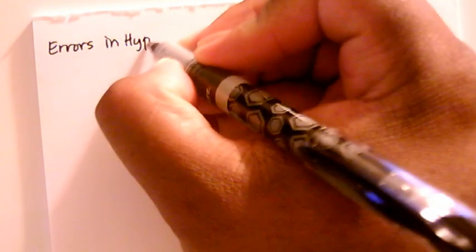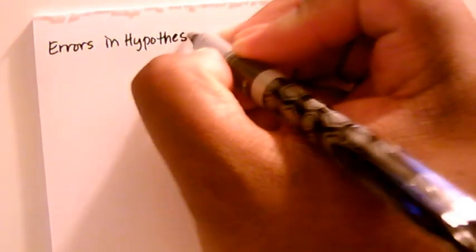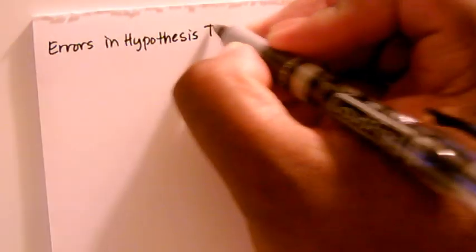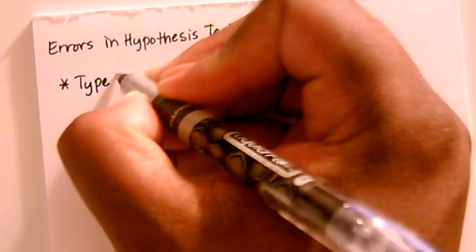Alright, now there are two types of errors in hypothesis tests. So I need to go ahead and go over those, and then I'll cover that last example for this video. And there are two errors in hypothesis testing that we can commit. One of them is a type 1 error.